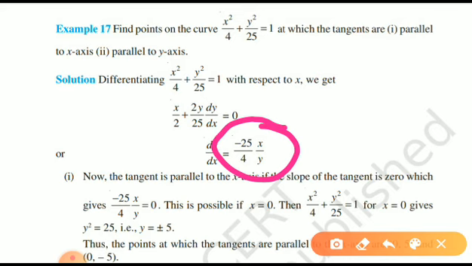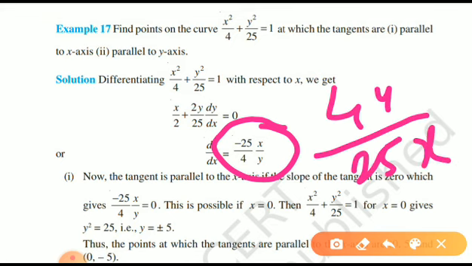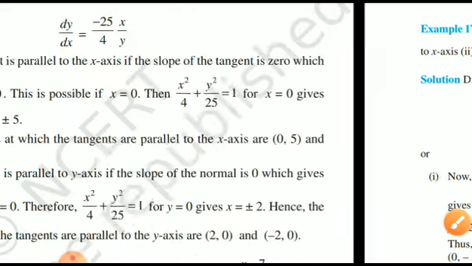So what will the slope of the normal be? Will it be 4y by 25x, because m1 into m2 should be equal to minus 1. Hope this is clear. We have got the slope of the normal, now we just have to substitute the value. That means now I have the slope of the normal, 4y by 25x.